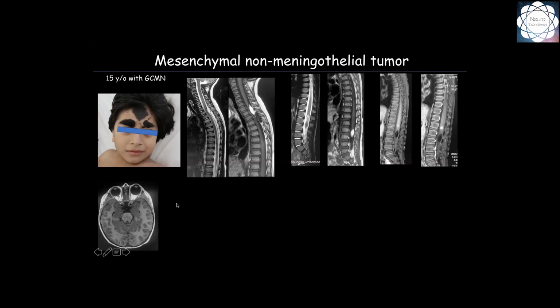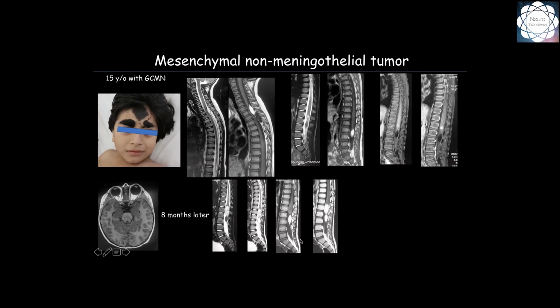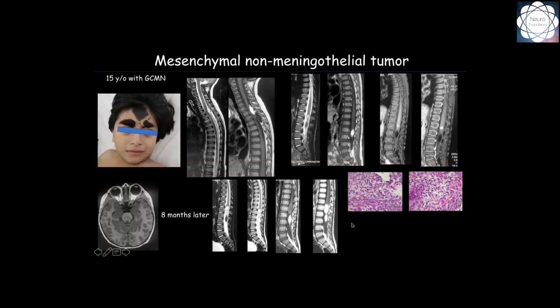Because of these lesions, the patient also had congenital glaucoma. But some months later, we performed another study and the tumor grew very rapidly, and it was operated on. The histopathological examination showed these fusocellular, fusiform cells, and they performed a lot of biomolecular studies.